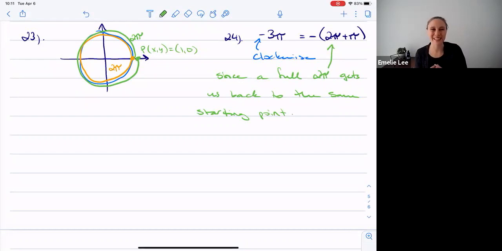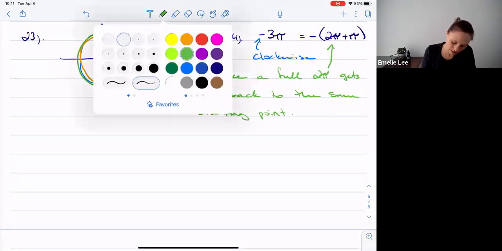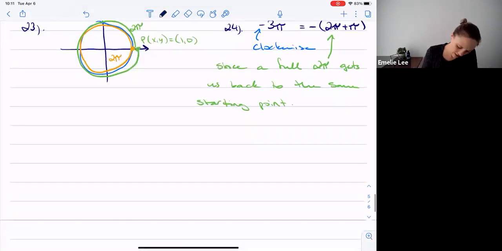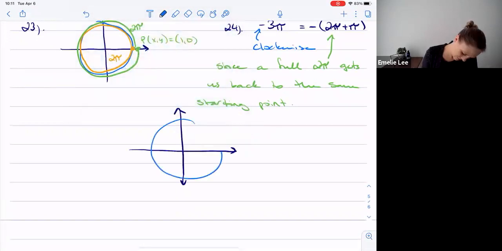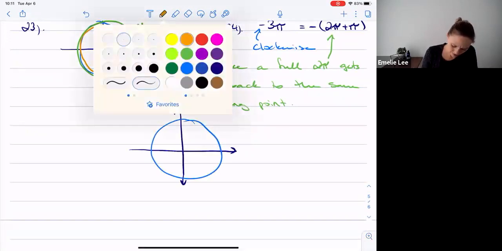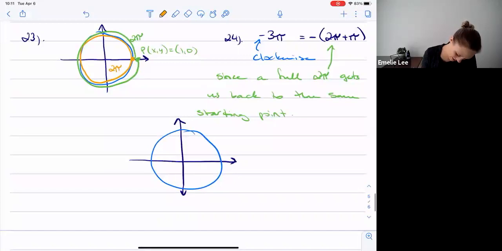So what we're interested in is that extra pi. Where does that put us? In this case, negative pi. So here, we can ignore the negative 2 pi, because it puts us back to here where we started at 1, 0.